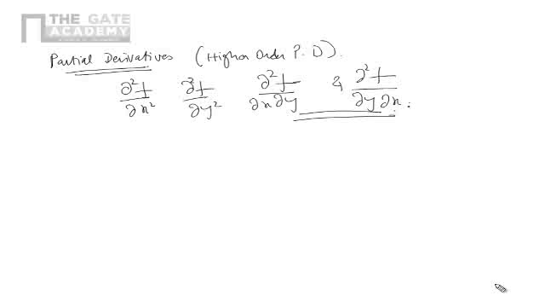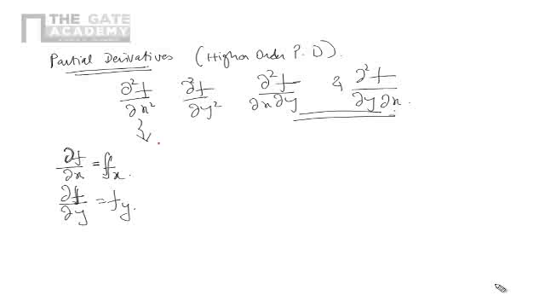Okay, so now I am a bit lazy in writing, so let me introduce some notations to write these things. I call dou f by dou x, it's just a notation many books follow, and I will like to follow it for the sake of simplicity in writing. I will call this as fx. Similarly, dou f by dou y I will like to call it as fy.